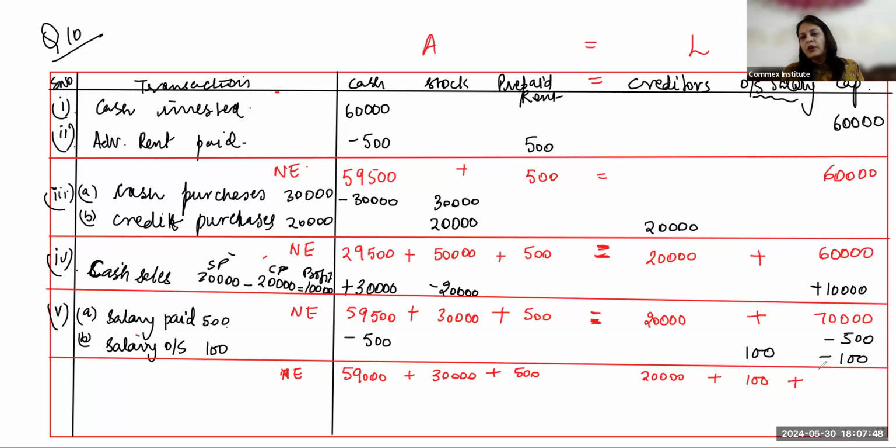And my capital has gone down because of this expense to 69,400. 69,400, right? So on the right-hand side, my total is 69,400 plus 20,000, 89,400, plus 100, 89,500. And on the left-hand side also, it is 89,500. So I can put this equal to sign, right?